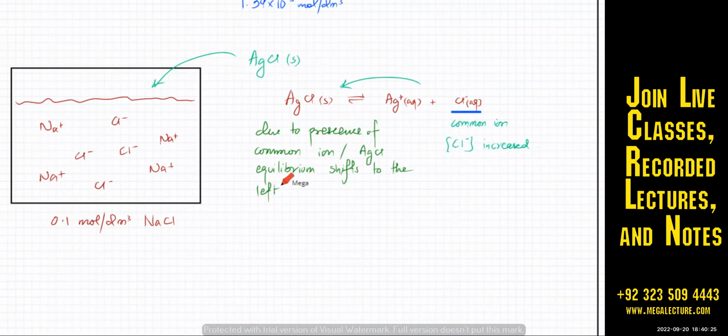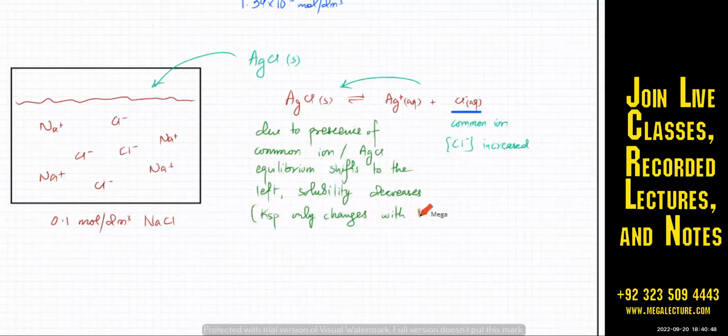Since it is shifting to the left, solubility decreases. And here I'll add that Ksp only changes with temperature, otherwise it's not going to change.